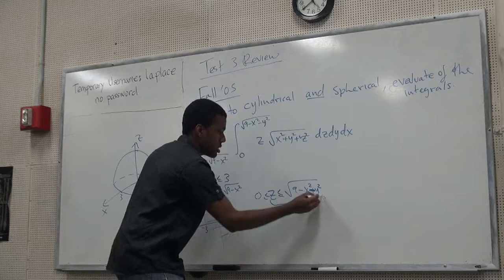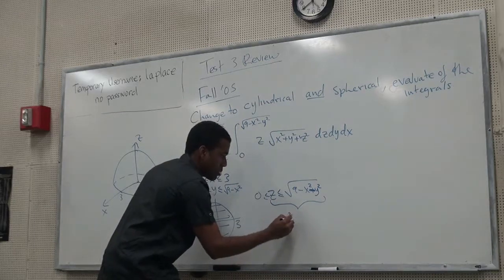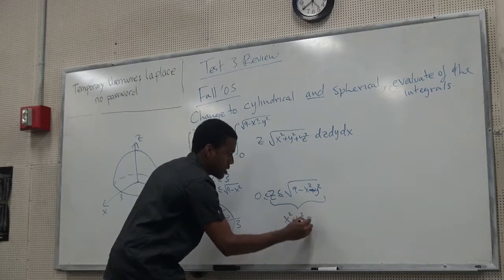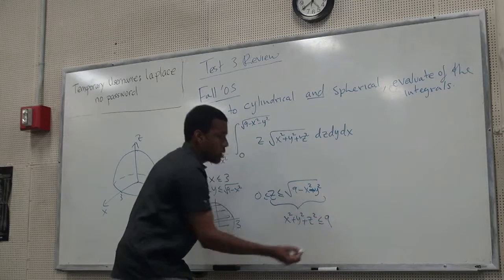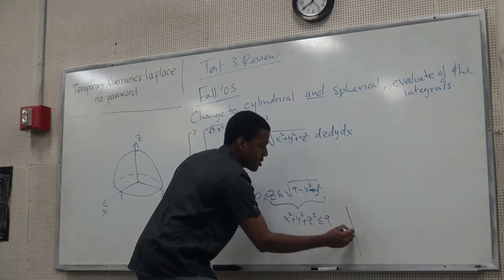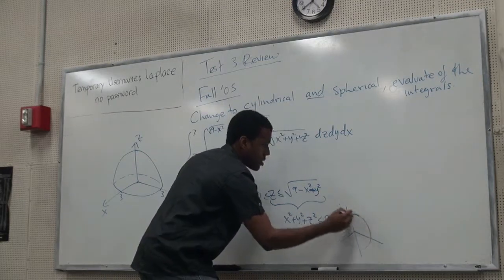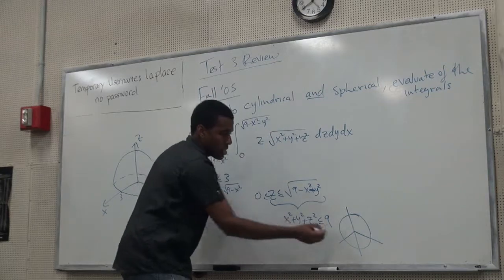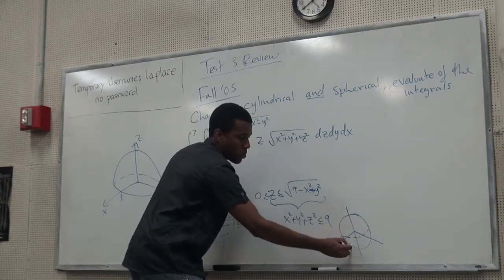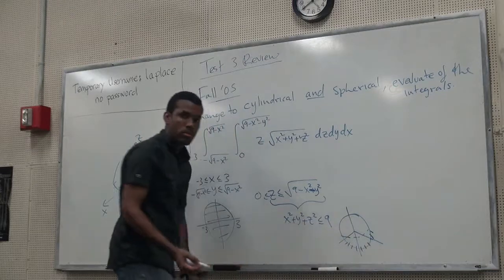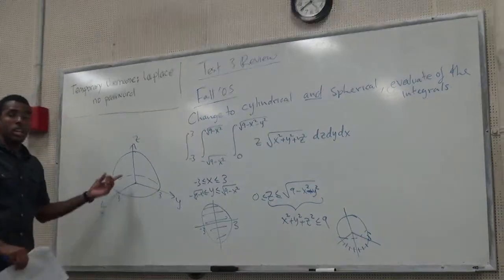Well, this part is the same as saying x squared plus y squared plus z squared is less than or equal to 9. It's a sphere of radius 3. But the 0 tells us that we cut off the bottom. We don't want negatives. So this is actually looking at the upper hemisphere.